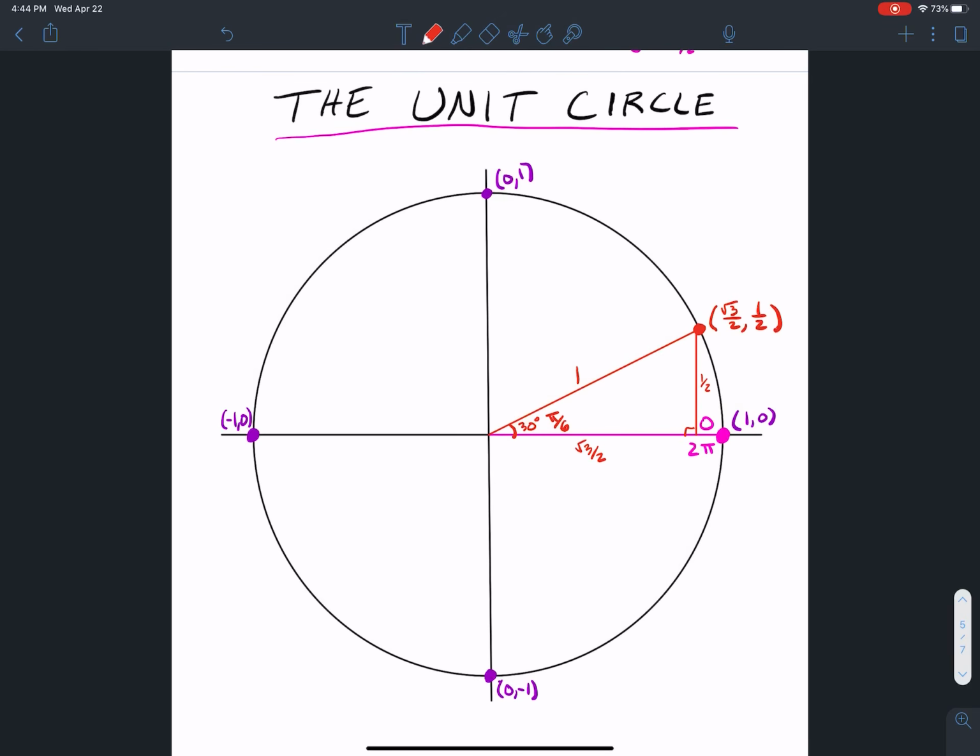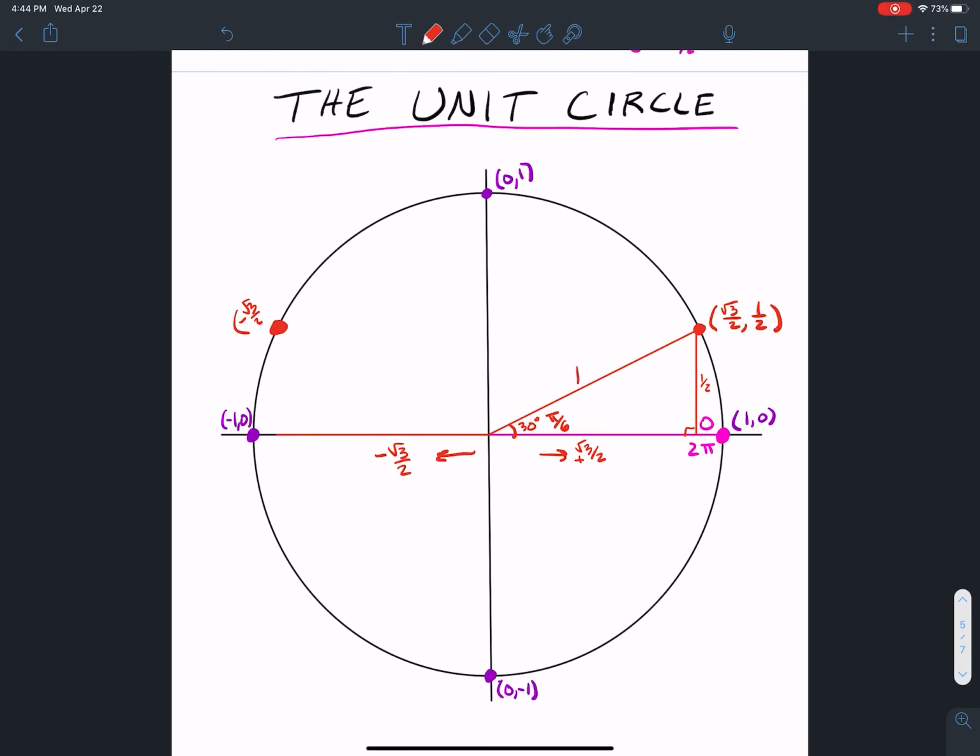Okay? Now, what would go with this? Well, the point opposite over here, what's the only difference? Well, the only difference is instead of the x value being a positive square root 3 over 2, the x value is a negative square root 3 over 2 this way.